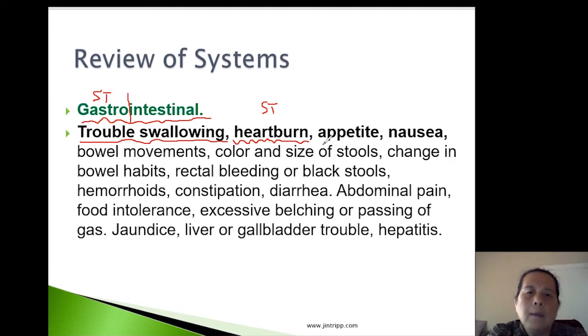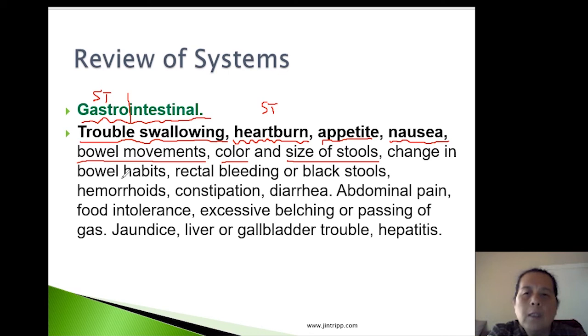And how about the appetite? If the patient has some nausea or vomiting, how about bowel movement? And what's the color and the size of the stool? Like patients say, I have stool like 3 times daily, but each time is a small amount.